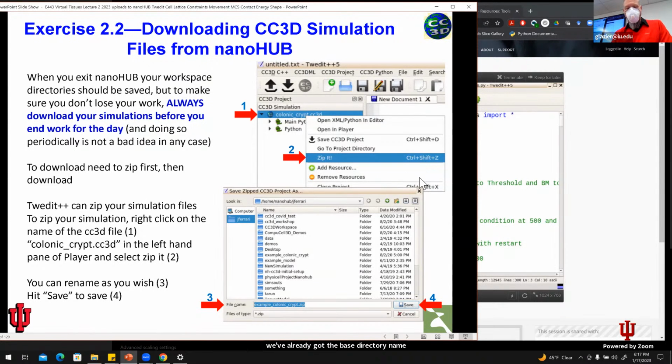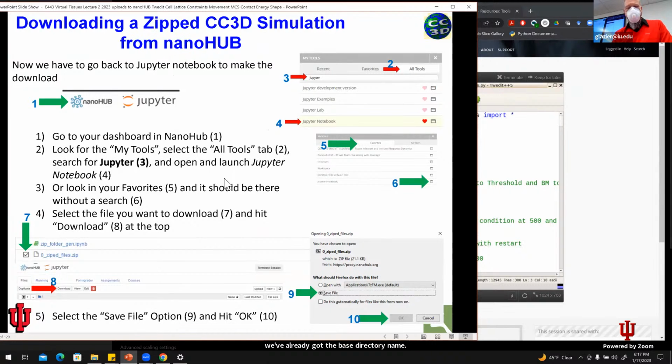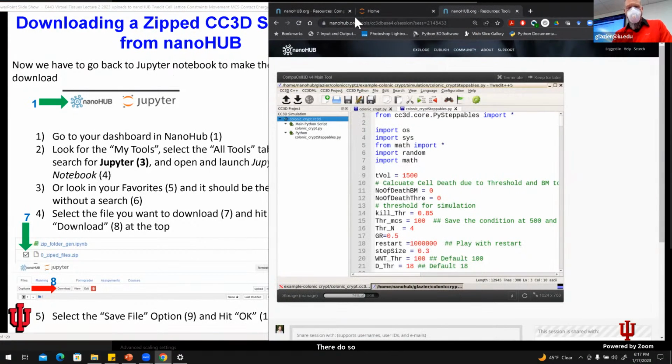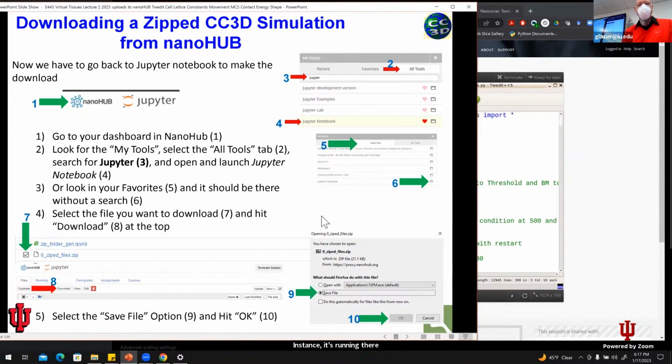Do the save. And once you've done that save, you go back to your Jupyter Notebook instance that's running there. And I actually don't have Jupyter Notebooks running myself, so somebody here could try it. Go back to your Jupyter Notebook. And then within Jupyter Notebook, you have a tick box that you can select for the file, and you can hit download, and that'll pull it to your download directory.